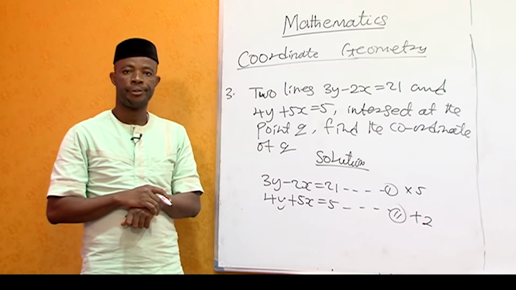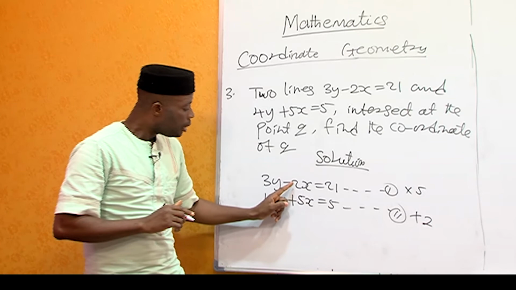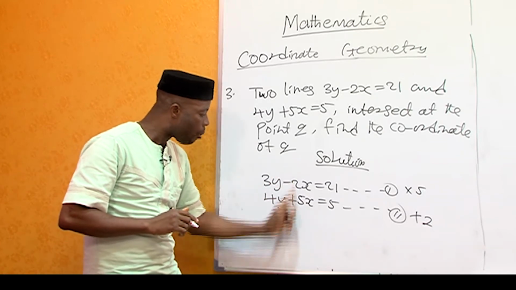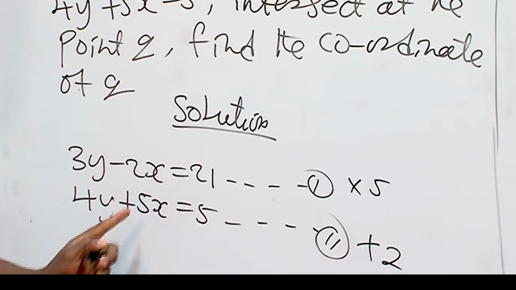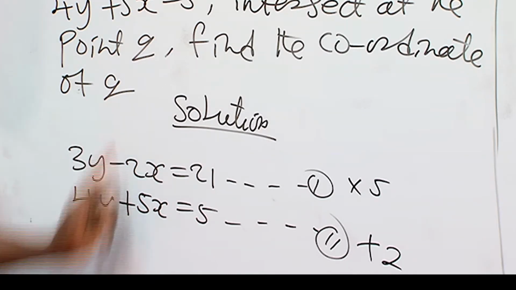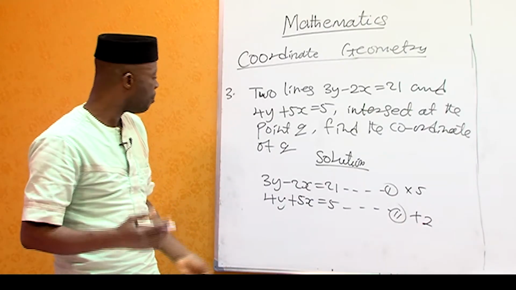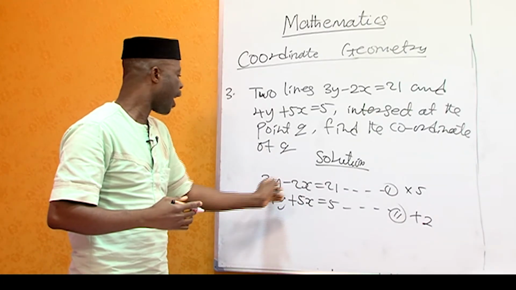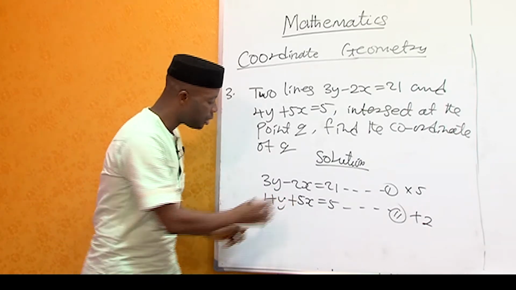To make the s terms equal, in the elimination method, they must be equal. But in the substitution method, you could just change the subject of the formula. In elimination, they must be equal.